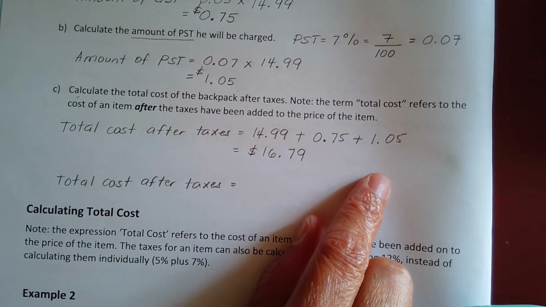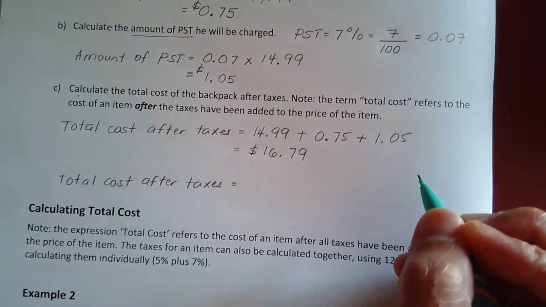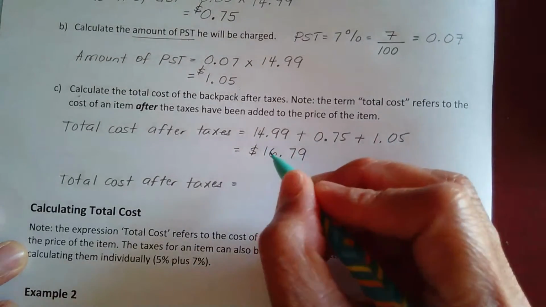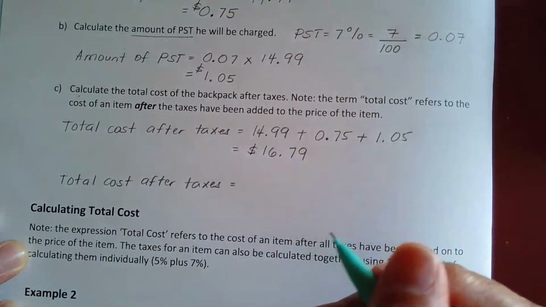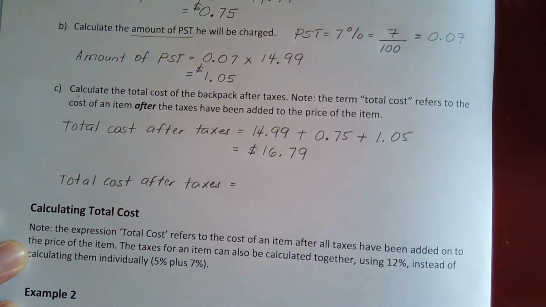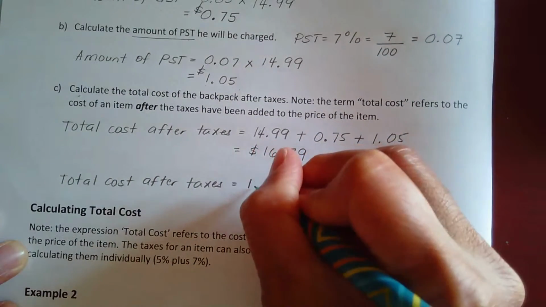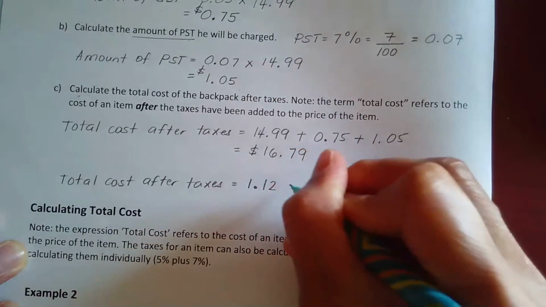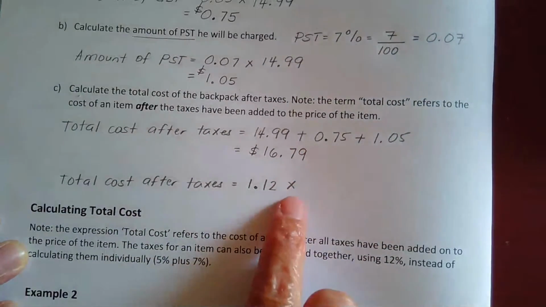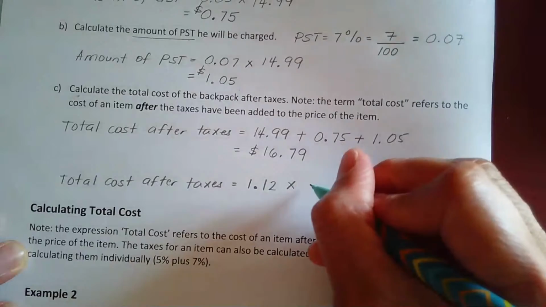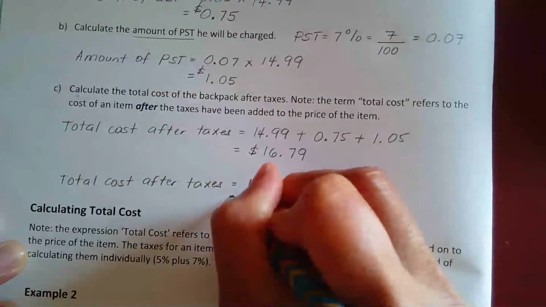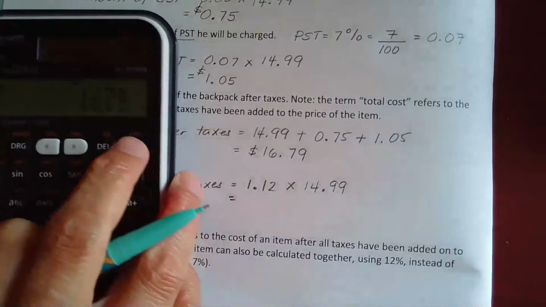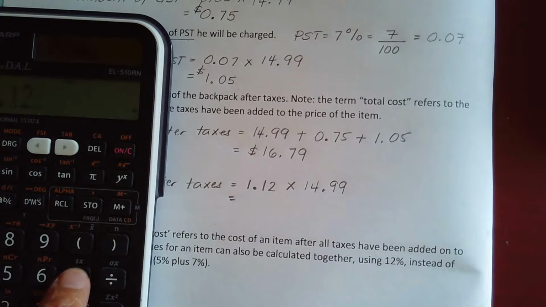That's 112%. So to express it as 112%, it's going to be divided by 100. So we are really paying for 112% divided by 100. That becomes 1.12. And then multiplying it with the price of the item. Let's just calculate that.